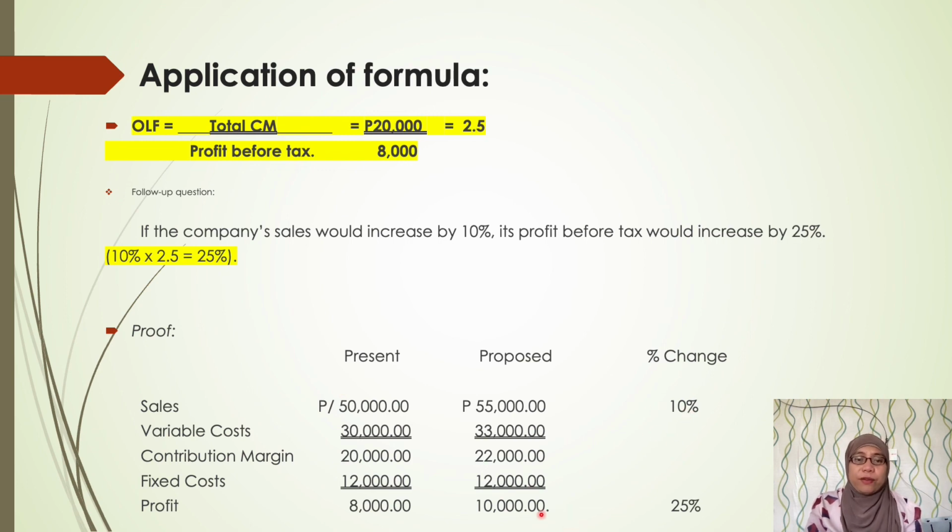Same way sa profit, the increase amount is 2,000, then divide to 8,000, we will get 25%. So, ito na yun, yung sinasabi nila na increase ng percentage ng profit of the company. Yan. So, 25%.